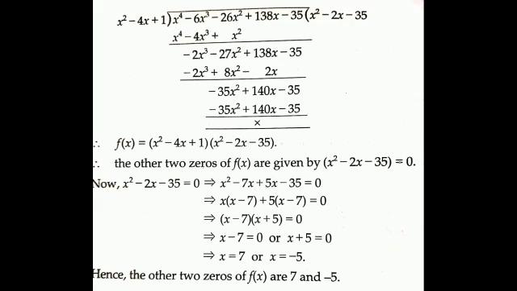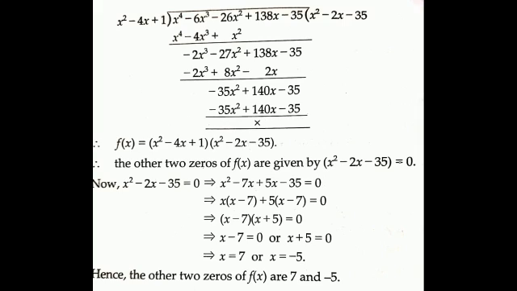After the division, since x square minus 4x plus 1 was a factor of the given polynomial, we were expecting the remainder to be 0, as we have got it here. Remainder is coming as 0. But the quotient is x square minus 2x minus 35. Here one very important point, while dealing with the division of polynomials, you should be very careful with the simplification. So quotient is x square minus 2x minus 35.